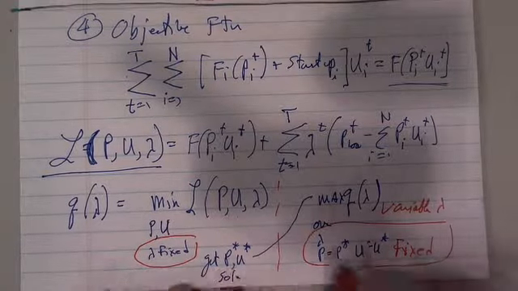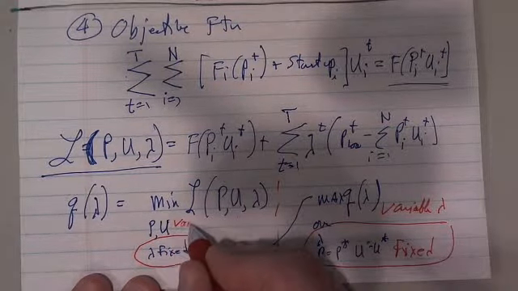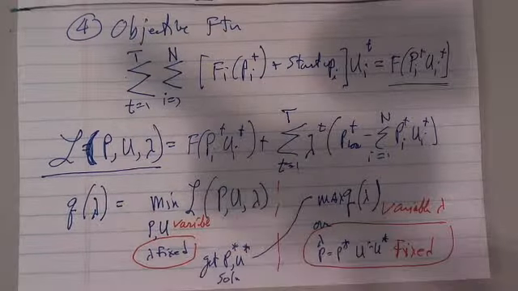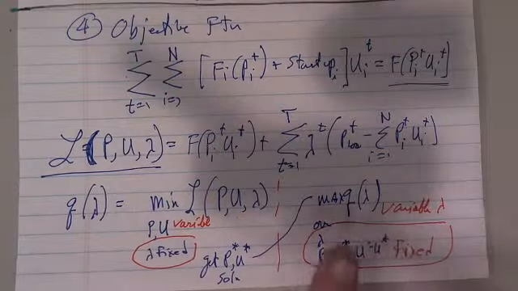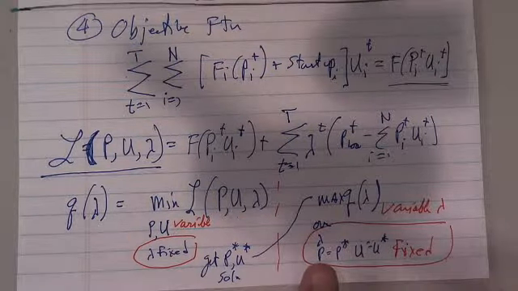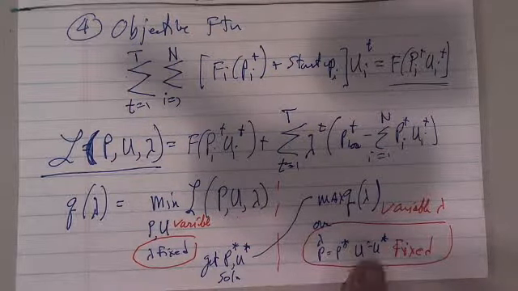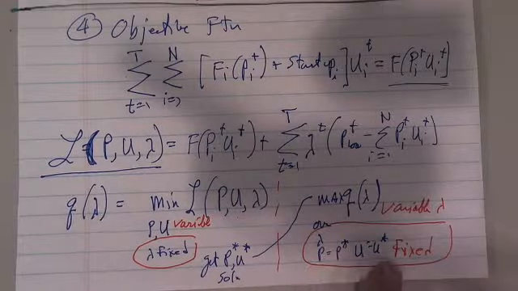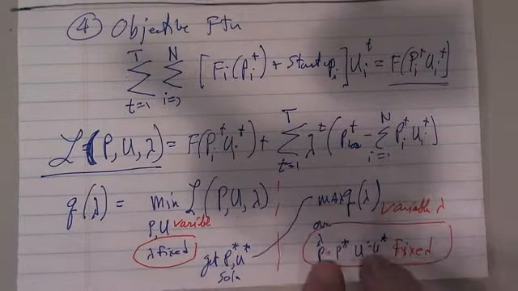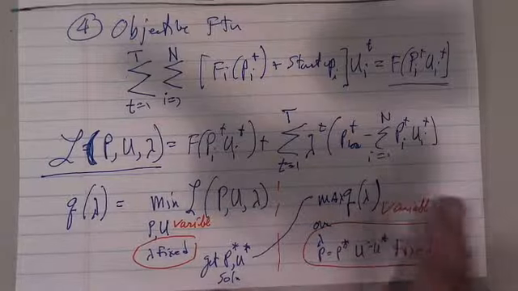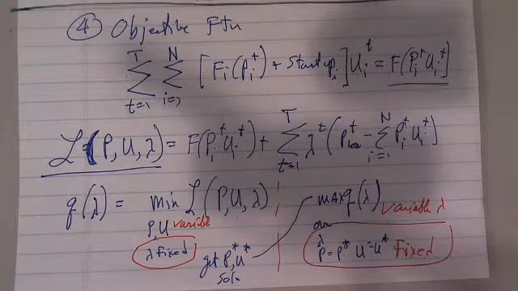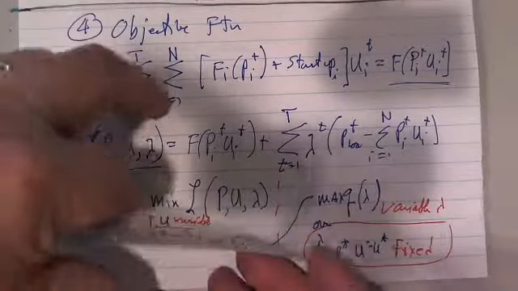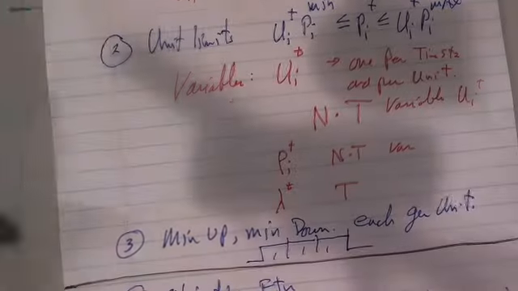Here, these are variable, and the lambda is fixed. So here I'm relaxing on this side. I'm saying, all right, you got me a P and a U value for every generator at every time step. Now, keeping those, I want you to maximize this function over lambda. This is where we adjust lambda. All right, so let's go back and start looking at this then.